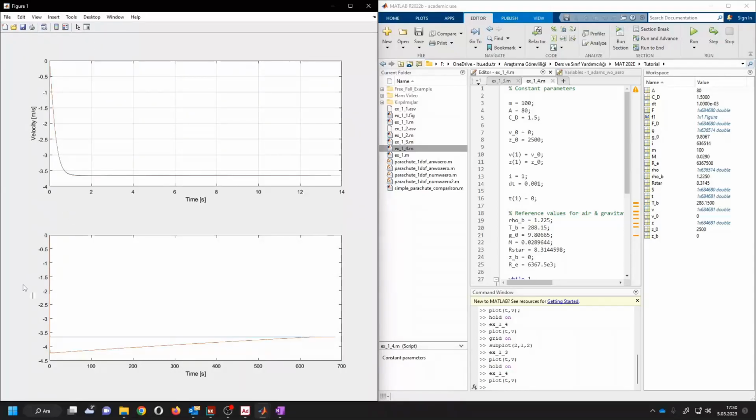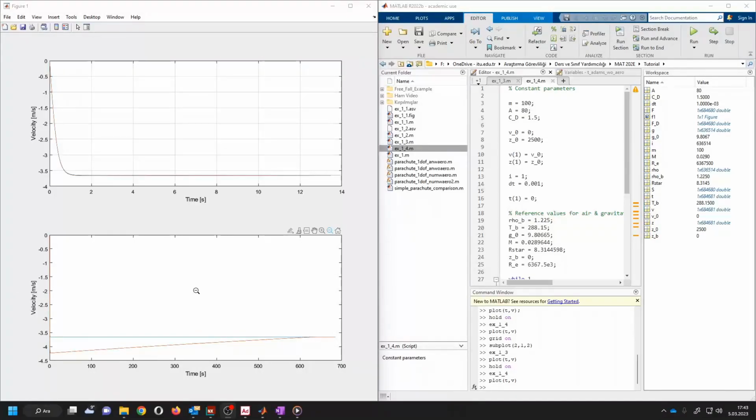Insert Y label, velocity. Now we can see here that there is a big difference at the very beginning of our solution.